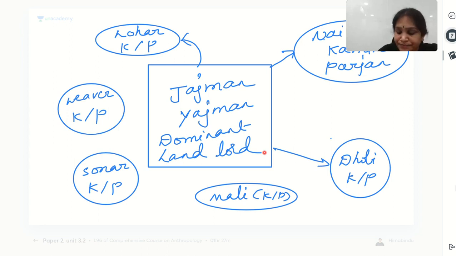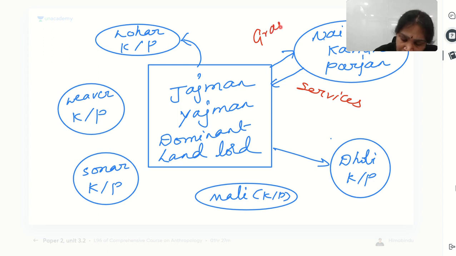Now what they do is the Kameen family will offer them services. Is it clear? In return, they will give them grains, food. Grains or goods, mainly grains. Again, same thing here also.